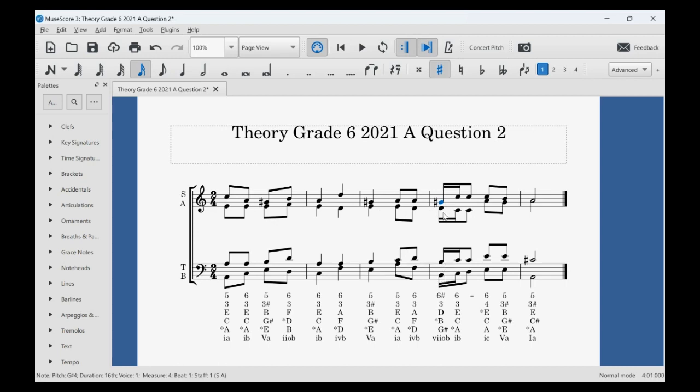D, B. Oh, we need to double the B. B, G sharp, D. Fifth part.